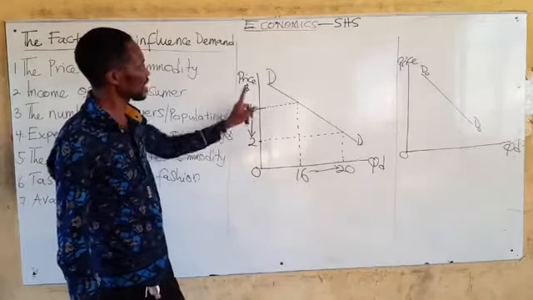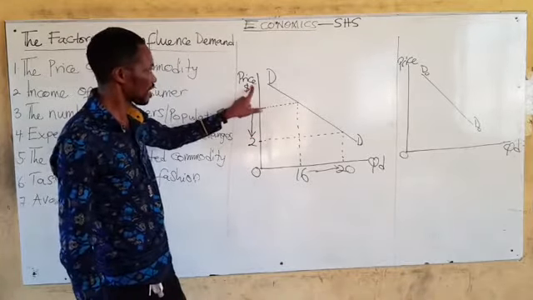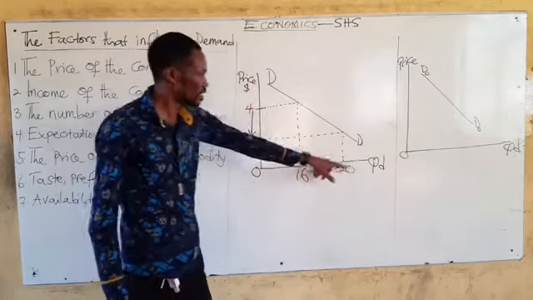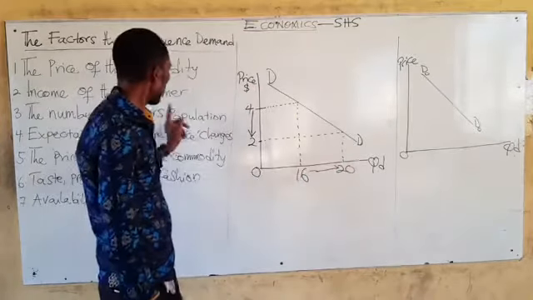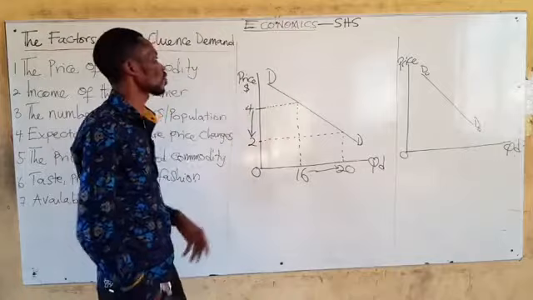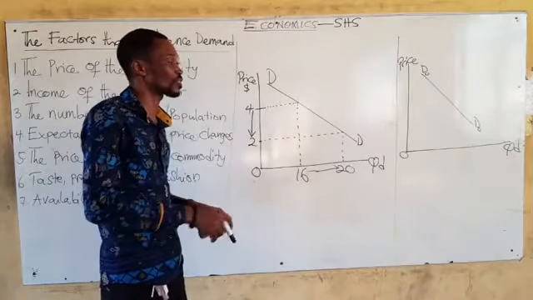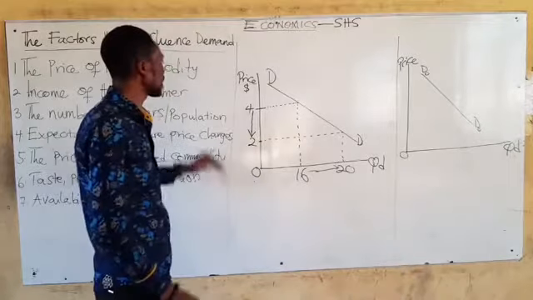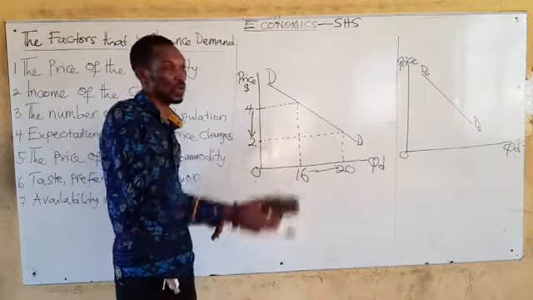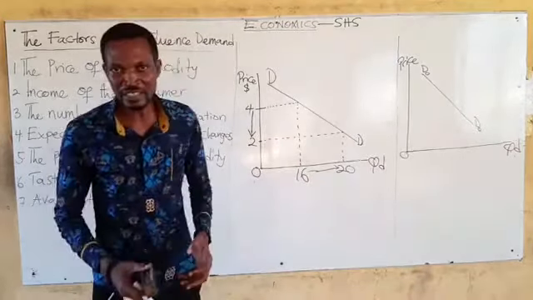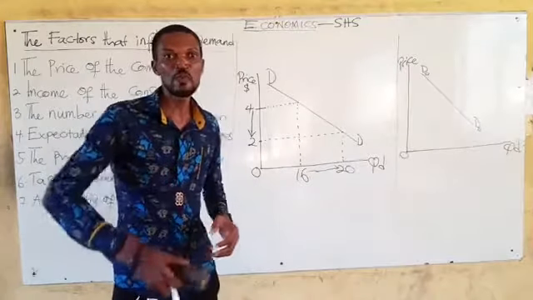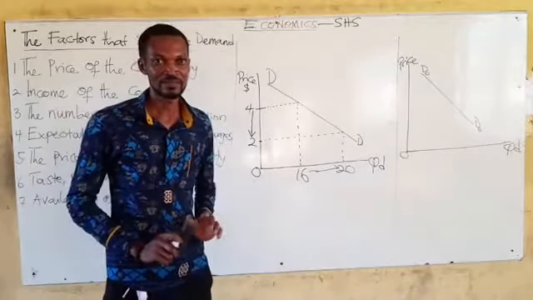We were able to illustrate price here because price is seen here and quantity demanded is here. However, we don't have income over here. So how do we show that one? You have to necessarily show it because, as a matter of fact, your income will influence the quantity that you are buying. When your income increases, we said that you are likely to buy more for normal commodities.